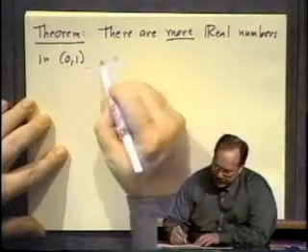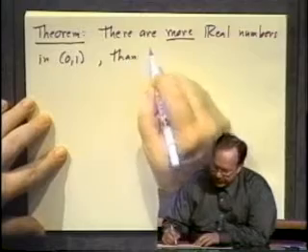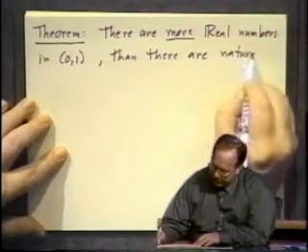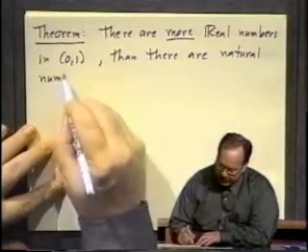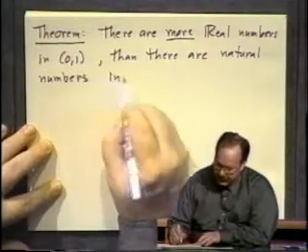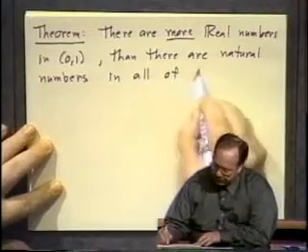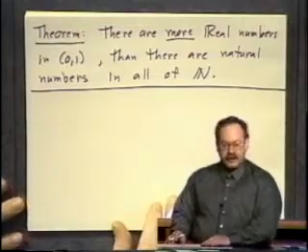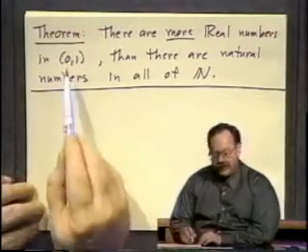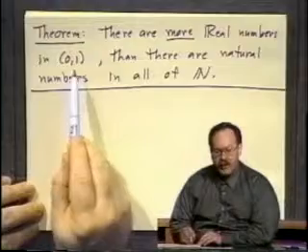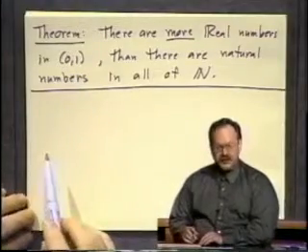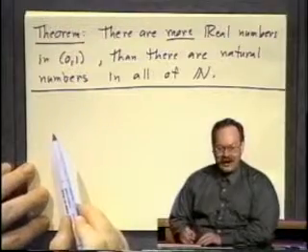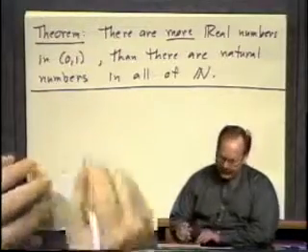In the open interval 0 to 1, then there are natural numbers in all of N. So I don't even need to compare all of the real numbers with N. I am just going to compare the numbers between 0 and 1, not including 0 or 1. Now that's really even more surprising, that a small interval like this alone has more numbers than the natural numbers.